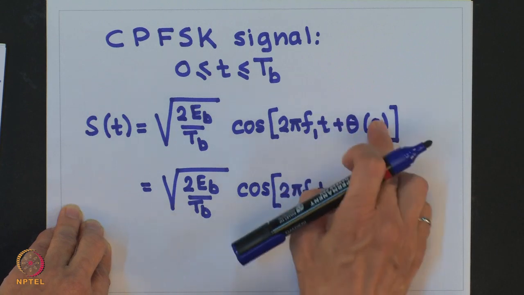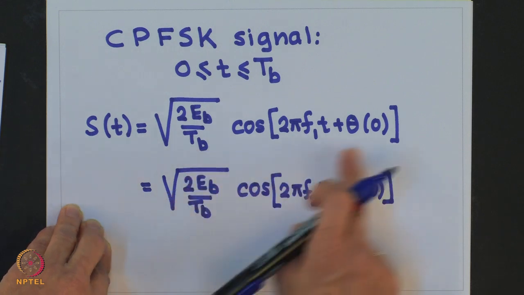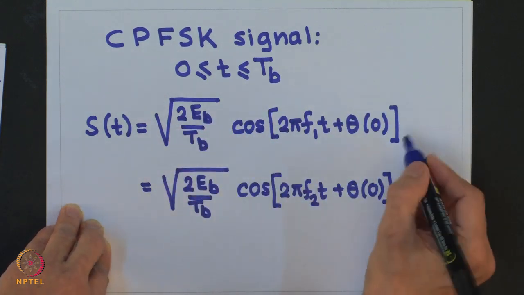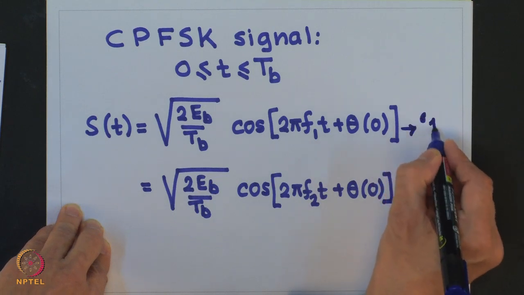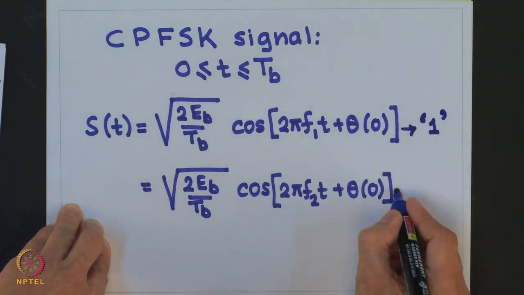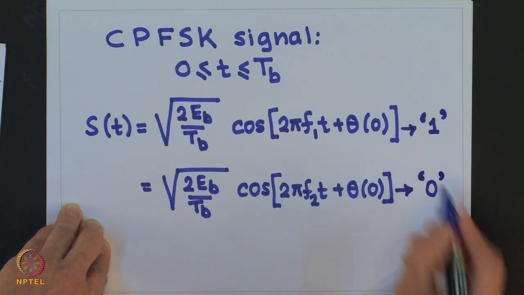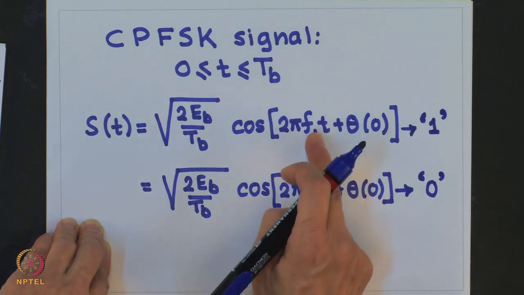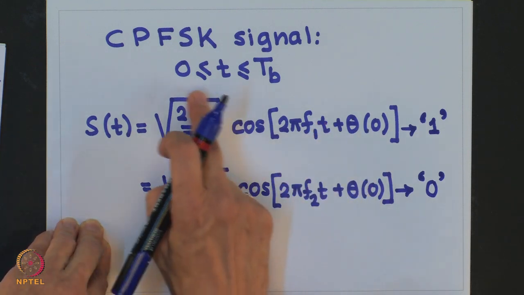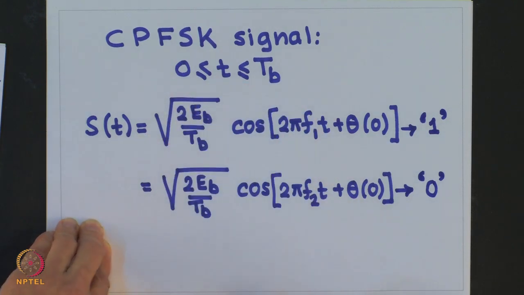So, this theta naught will depend on the past history of the modulation process, and we will transmit the first signal for symbol 1 and the second signal for symbol 0, and both these signals are defined over the bit interval Tb.